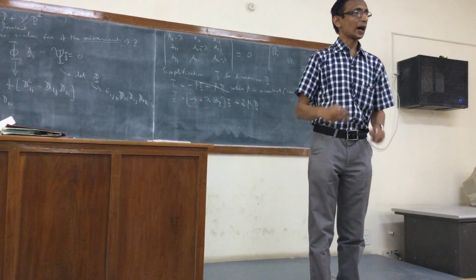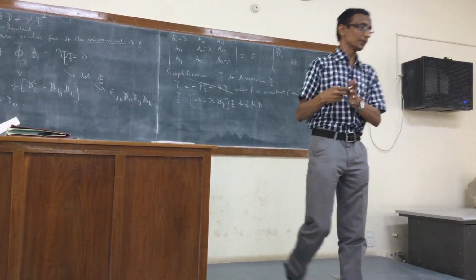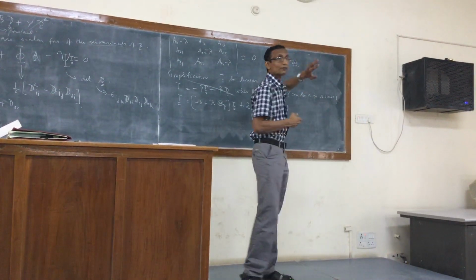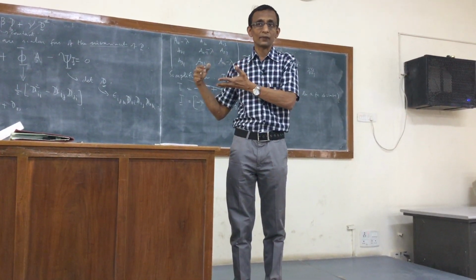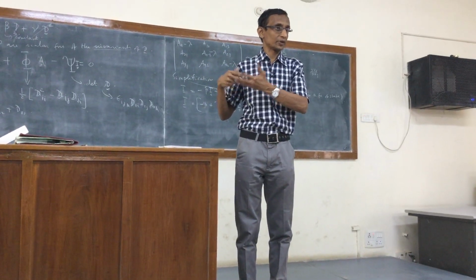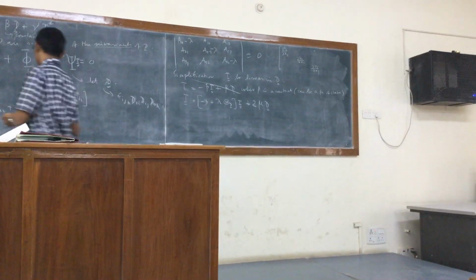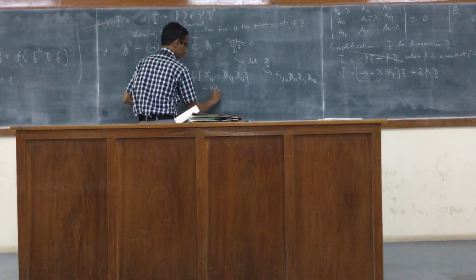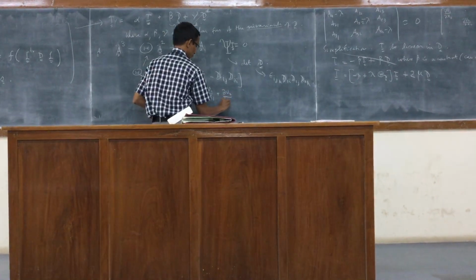Now the symmetric part will be half times this plus the transpose of this. So you can easily verify, because the antisymmetric part will have all diagonal elements 0. The symmetric part has to have the diagonal elements which are the same as the original matrix, which in this case is the velocity gradient tensor. Right? So clearly this is dv1 by dx1 plus dv2 by dx2 plus dv3 by dx3.